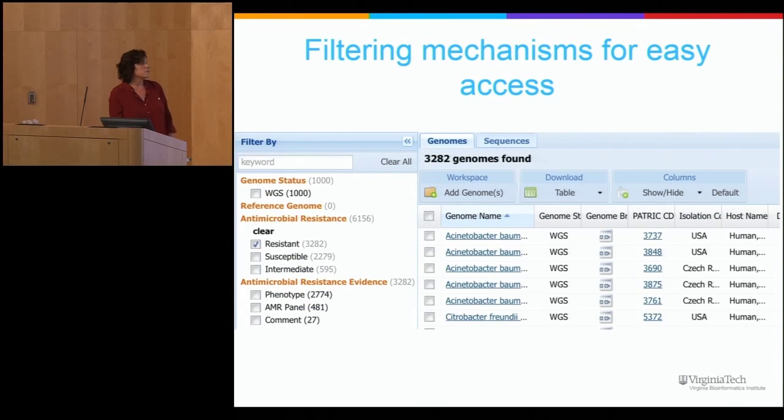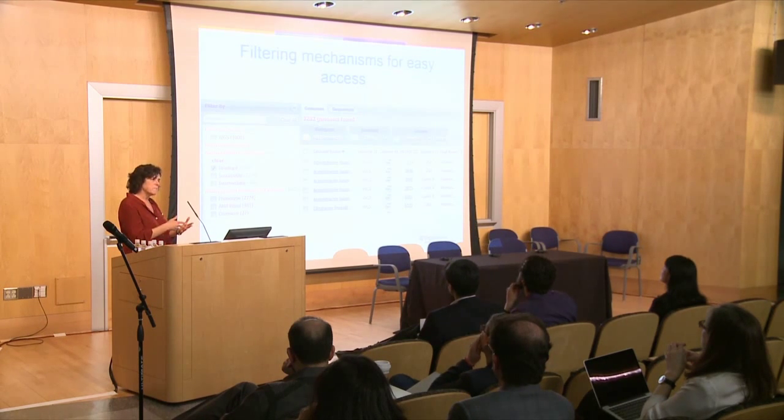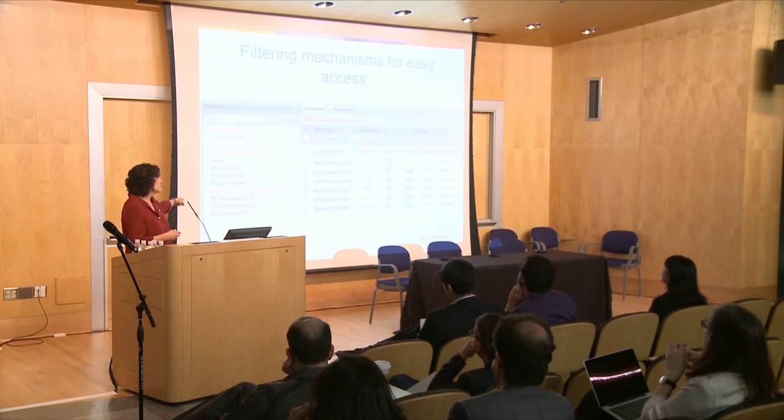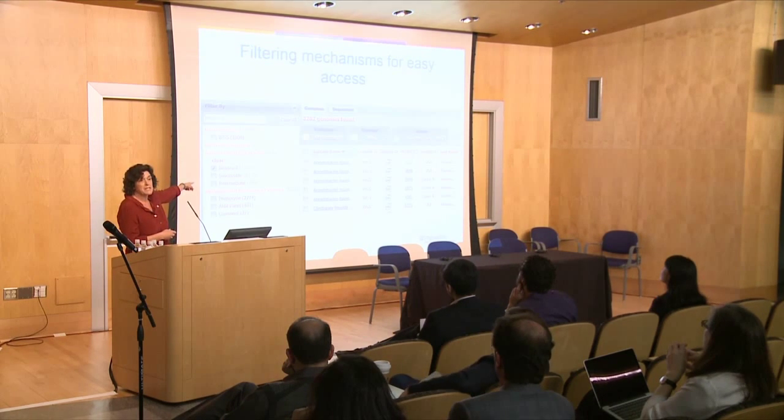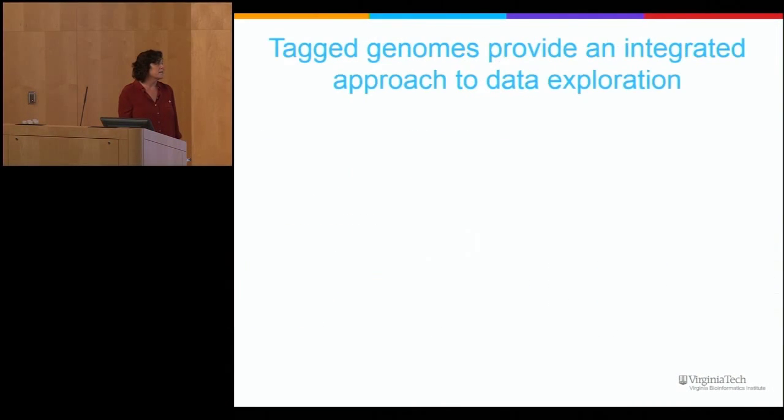This is one of the methods we have. Now we have about 4,000 genomes from antibiotic-resistant panels that we've brought in and tagged. Some of this has to be done manually because it's in the new phase, but now researchers can come in and grab all the data for resistance or susceptibility and analyze it that way.